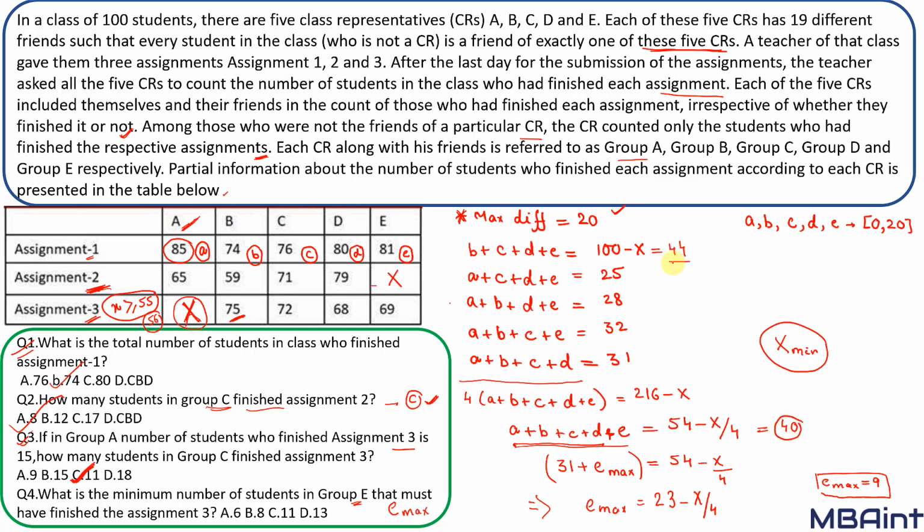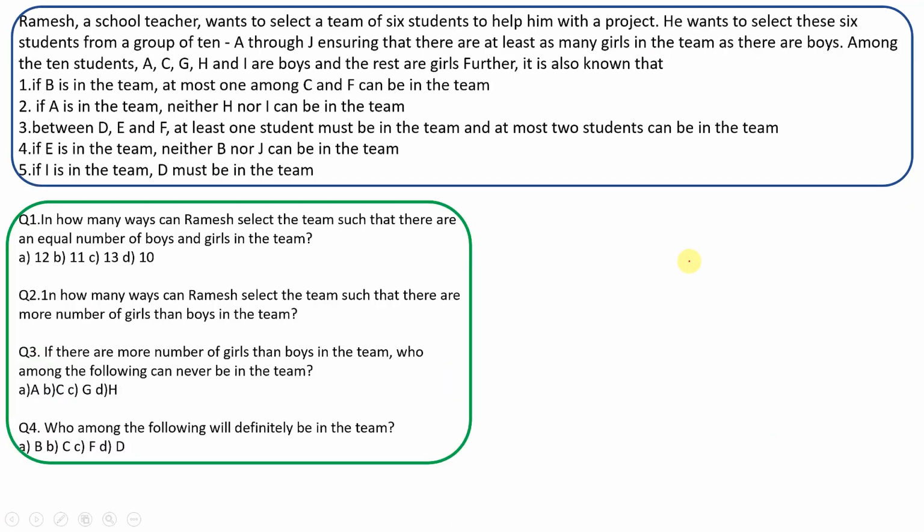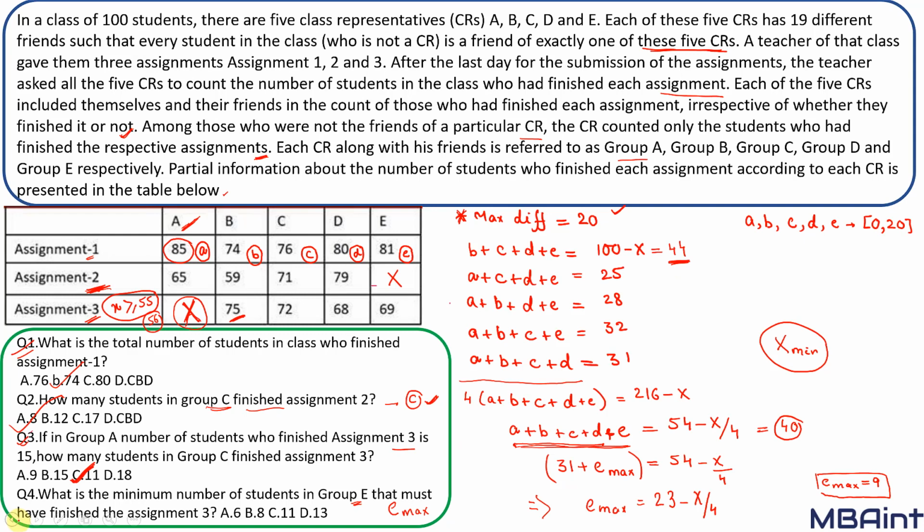You can see that b plus c plus d plus e equals 44 and a plus b plus c plus d equals 40, so it clearly shows that some of the numbers would be negative, which is not a possibility. So I cannot take x equals 56.